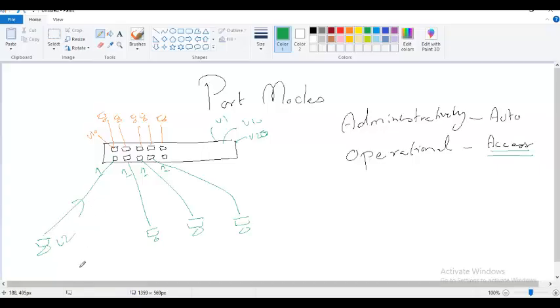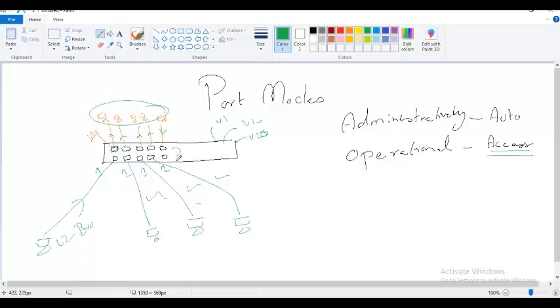That broadcast will be forwarded to these ports, but not to any of these ports, because this port is an access port which can be a part of a single VLAN only. Already you have said this port is a part of VLAN 10. This port is a member of VLAN 10. Likewise, any broadcast that is coming from this port will go to these ports, but not to any of the down ports.